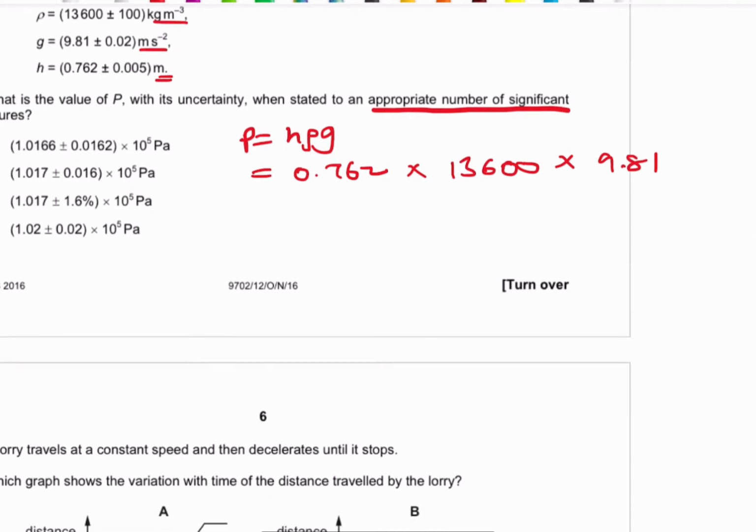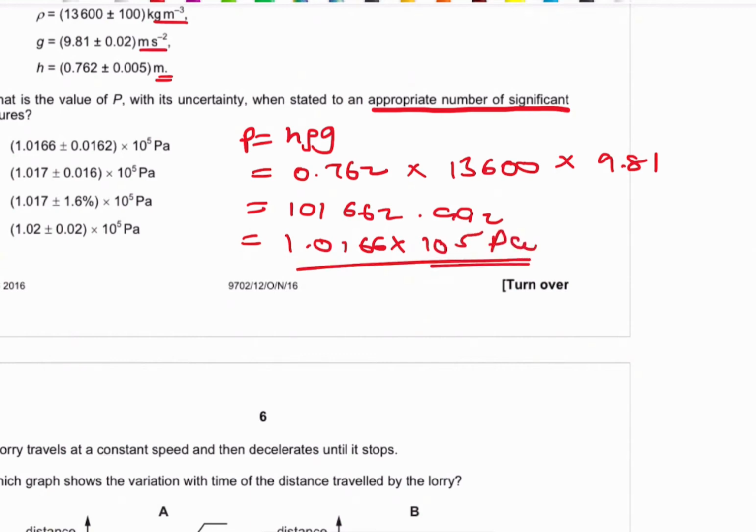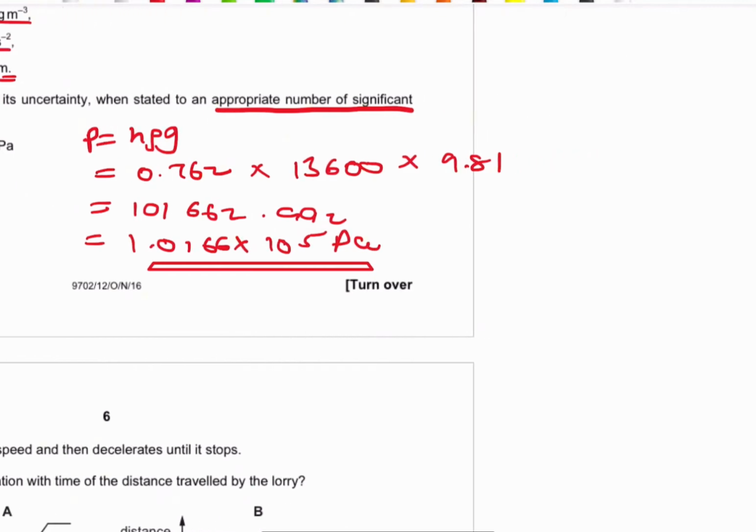So if I'm to calculate this, I'm presumably going to get an answer of 101,662.992 pascals. Basically about 1.01666 times 10 to the power of 5 pascals, right? So this is my value of atmospheric pressure. But how do I find the uncertainty?